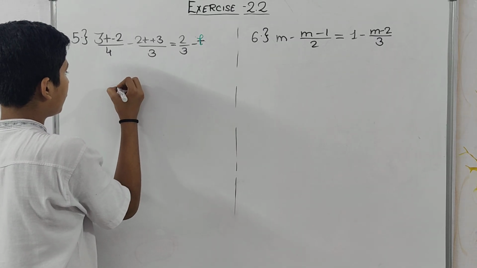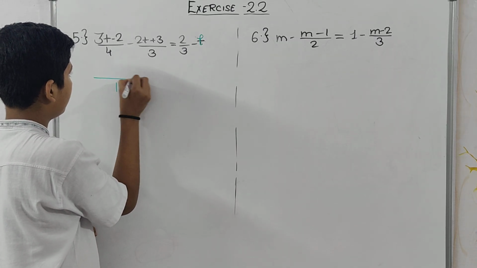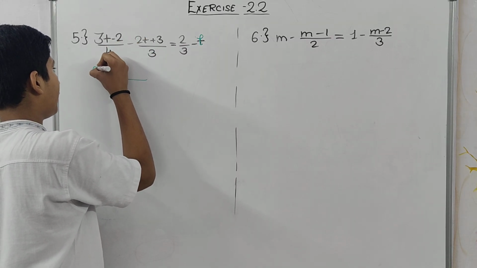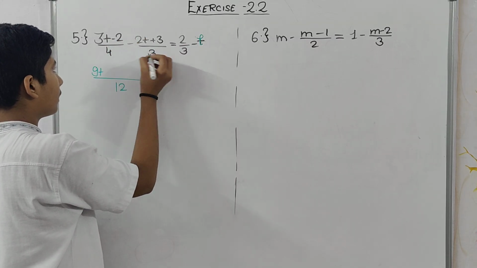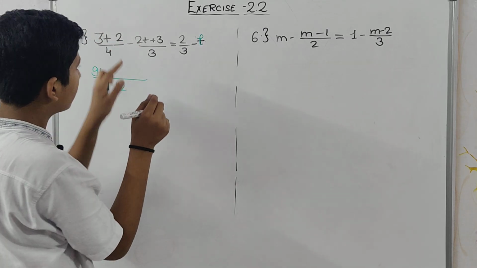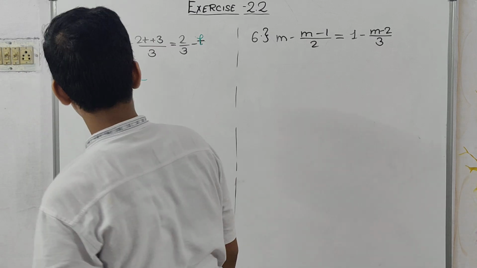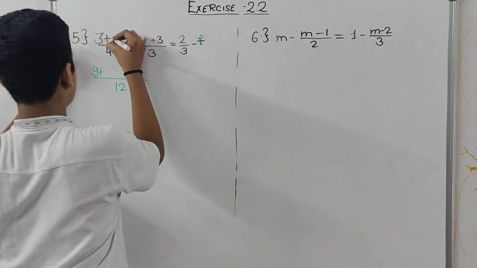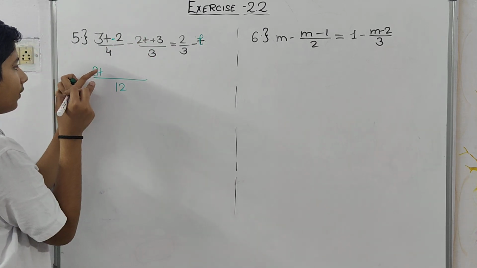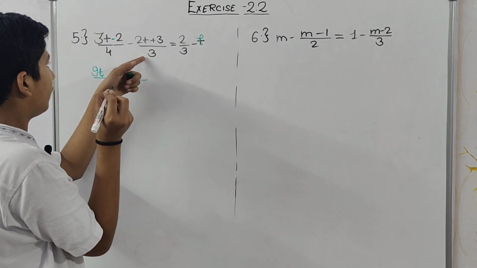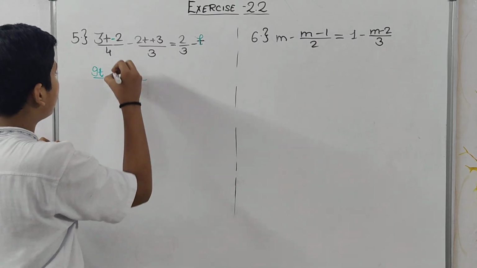So 4, 3, 12 will be the LCM. We multiply this with 3. So 3 3s are 9. Yes, it is given in the question. 3t minus 2. 3t will be 9t. And this 3 2s are 6.